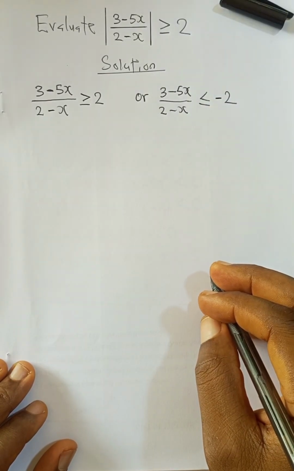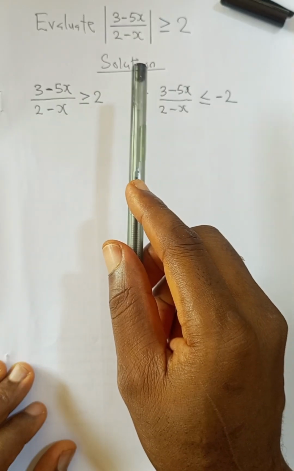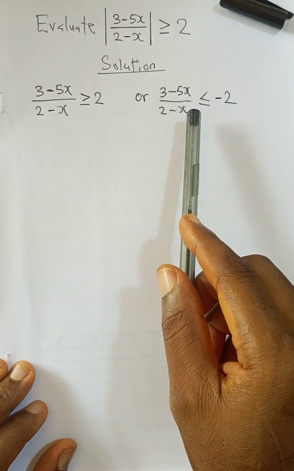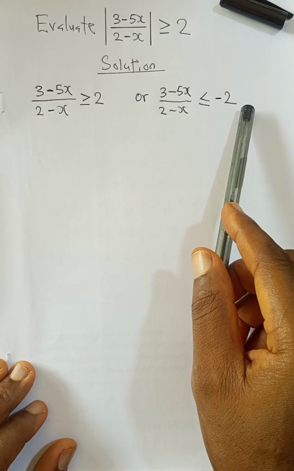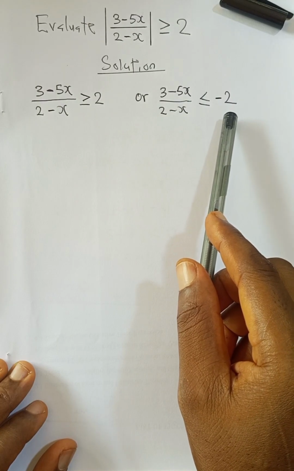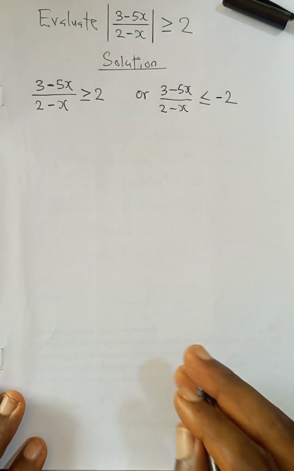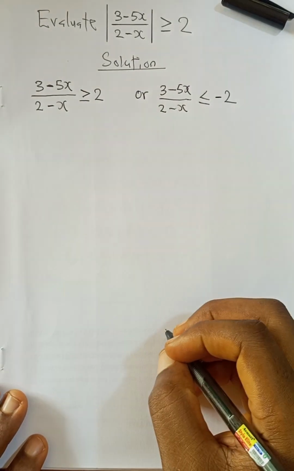You know that. So the first one, you write it the way it is without the absolute value sign. Then the second possibility, you reverse the inequality and multiply the other side that doesn't have the absolute value sign with negative. Are you following? So those are the two possibilities. I've already explained that before, so that should not be a problem. Now let's take it off from there.